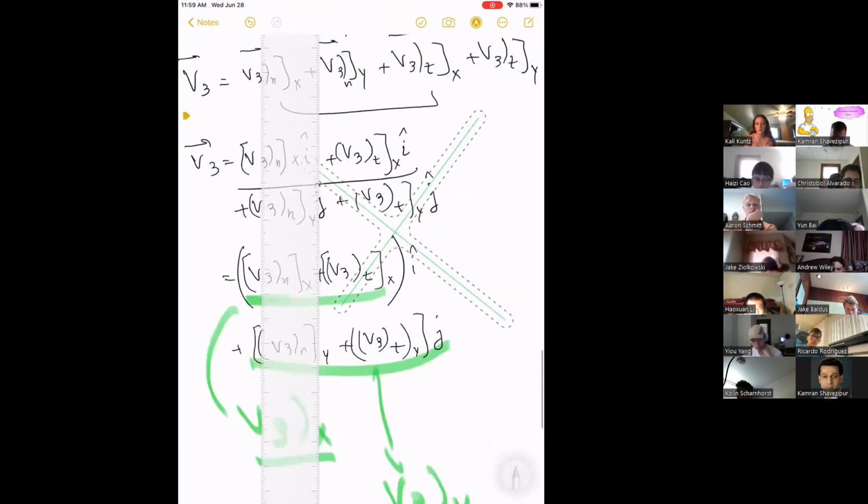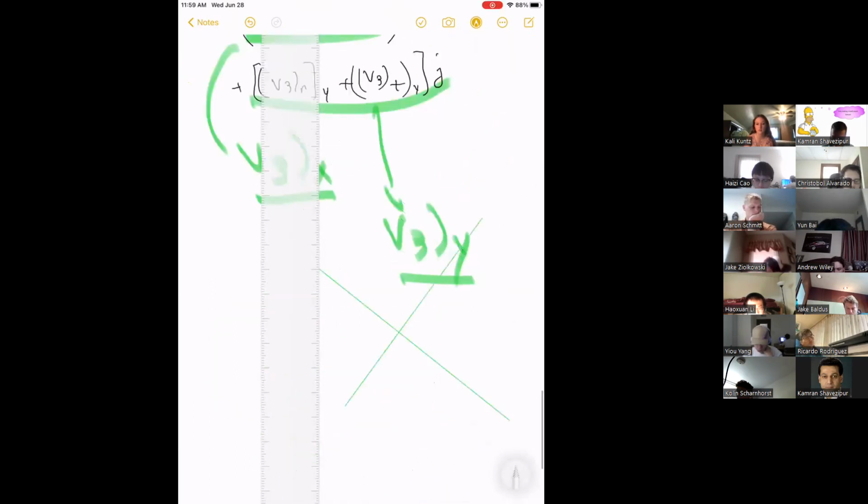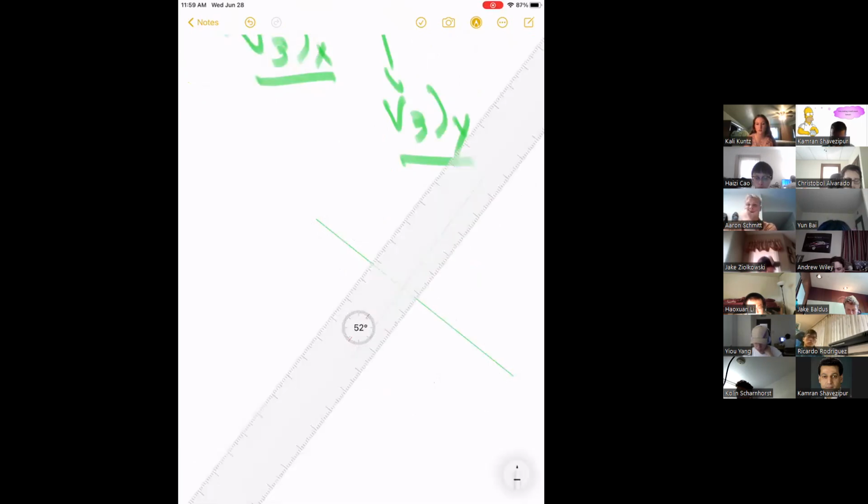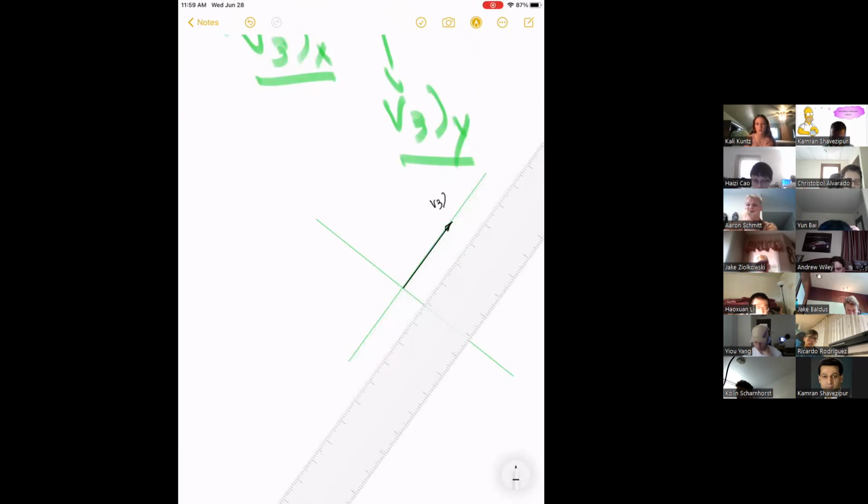Because we have this component of velocity, V3n, and we have V3t. And this is 3, 4, 5.